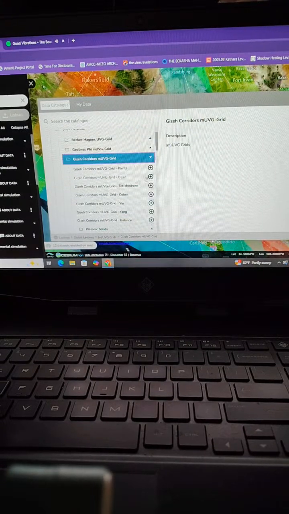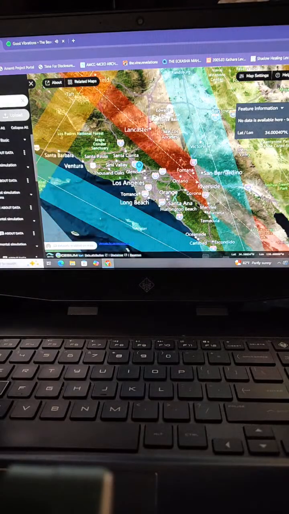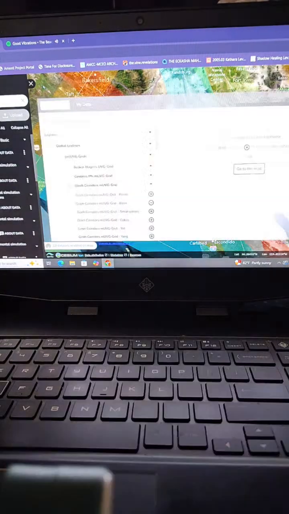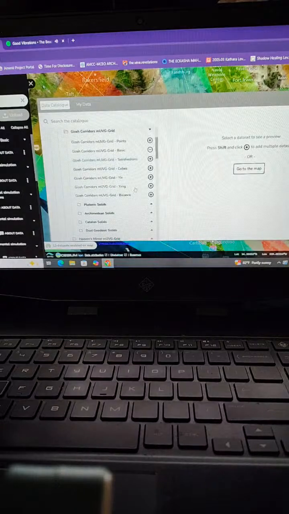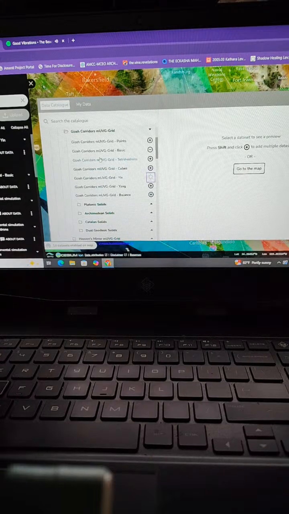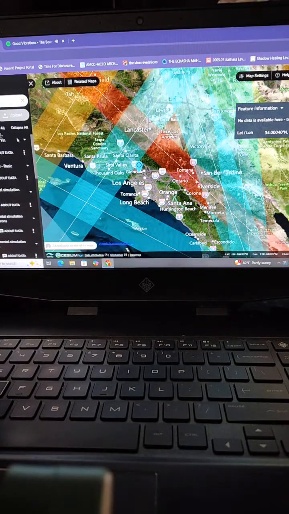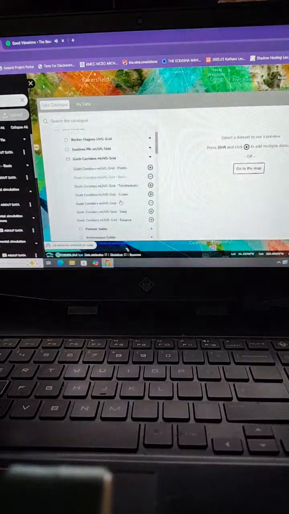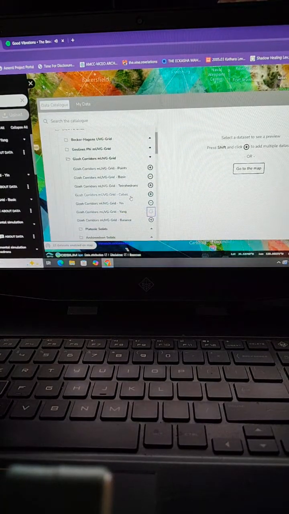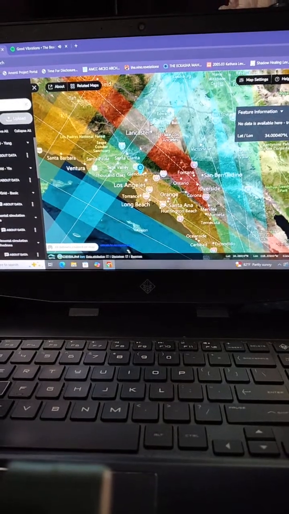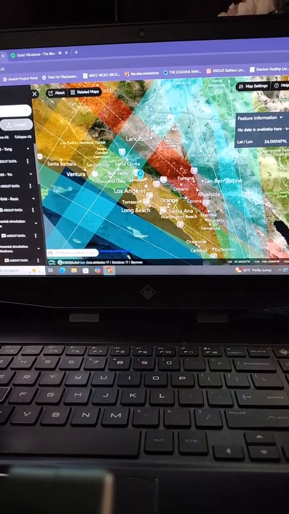We'll check the basic of the Giza corridors. Nope. It can take a long time to find it. Yin. Oh, real close to the yin. Yang. There it is. Okay, so it's on the Giza corridor, the yang line.